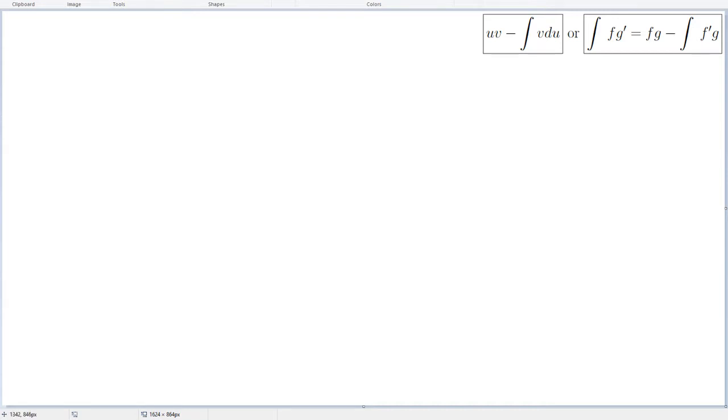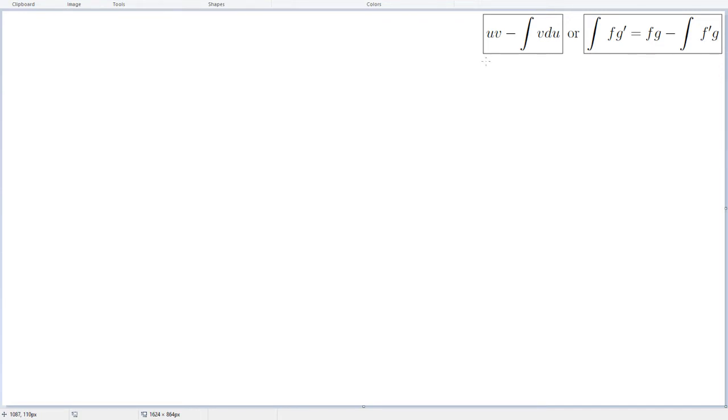So I have this formula right here. I don't think it can show my cursor, so let me just use a brush. If my pen works, okay.